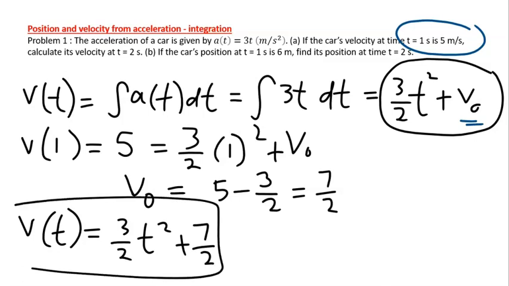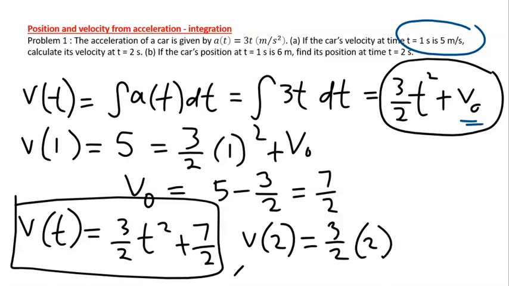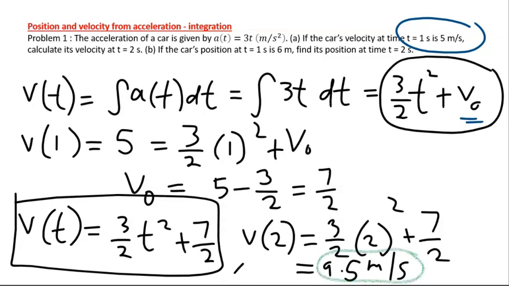Now we can answer the problem, which is to calculate the velocity at t equals 2. So at t equals 2, v is 3 over 2, 2 squared plus 7 over 2, which is 9.5 meters per second, positive 9.5 meters per second, and that's the answer for part A.